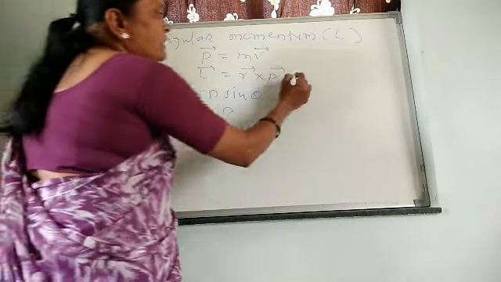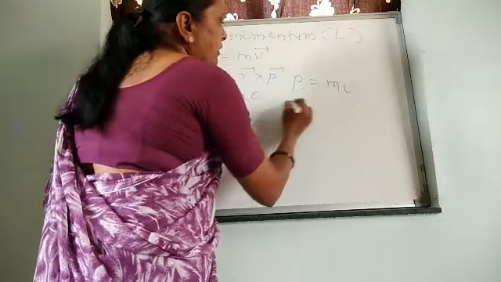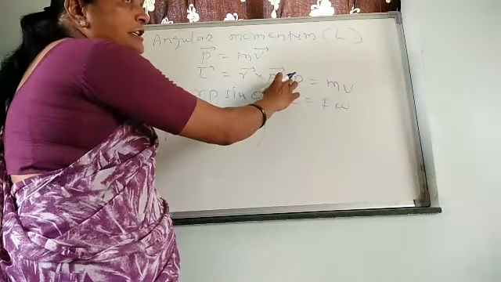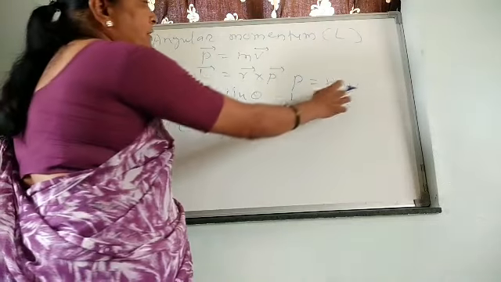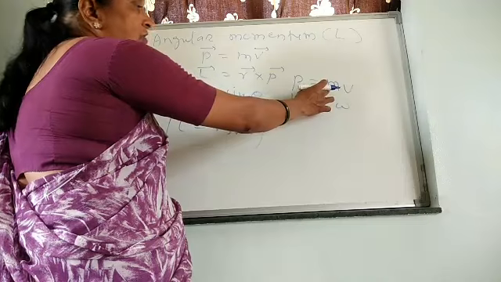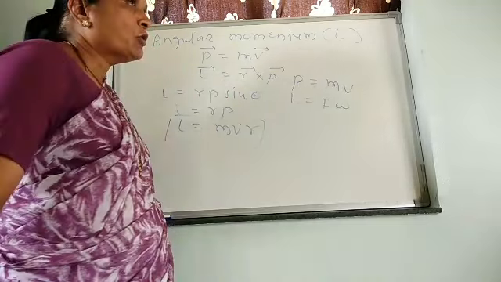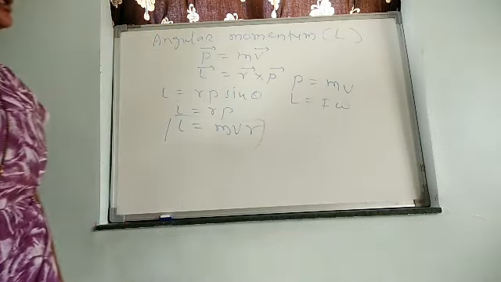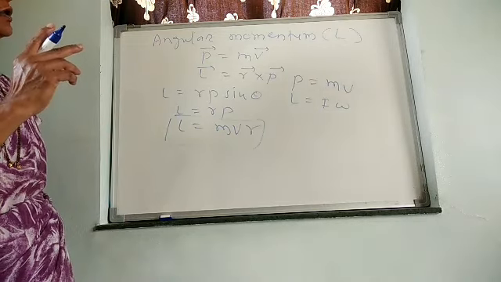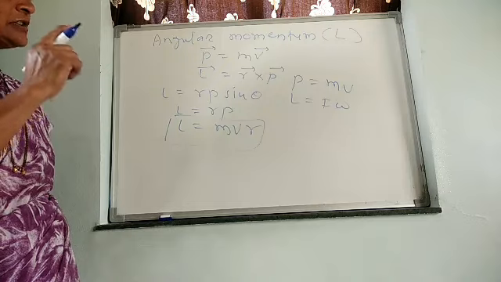That is, P is equal to mv and angular momentum L is equal to I omega. Linear velocity is analogous to angular velocity. Mass in translational motion is analogous to moment of inertia in rotational motion. That is, mass plays a role in translational motion.